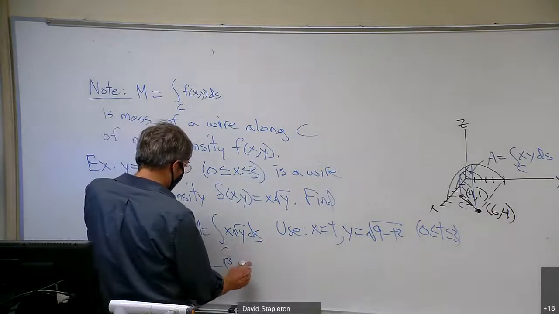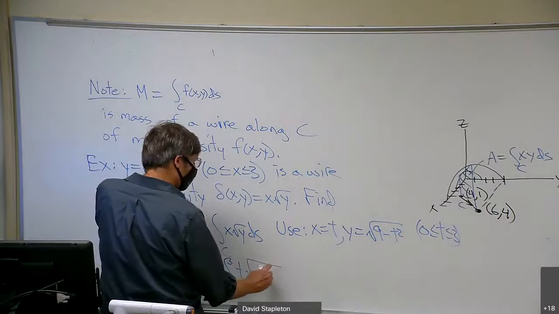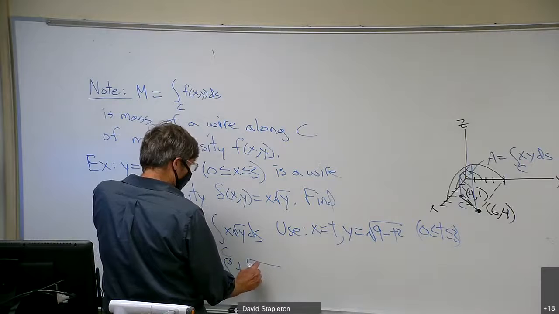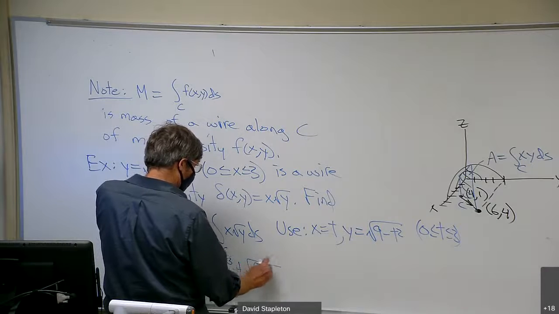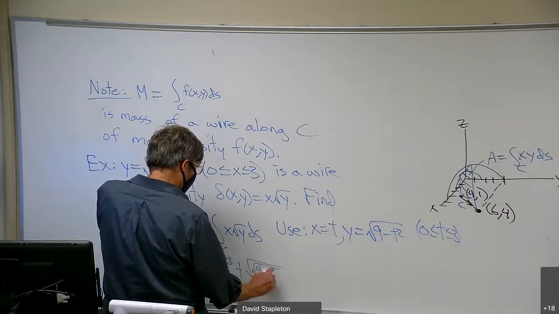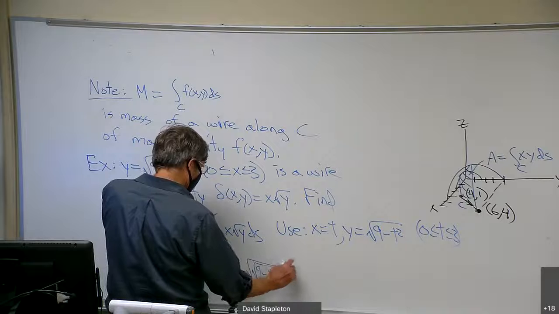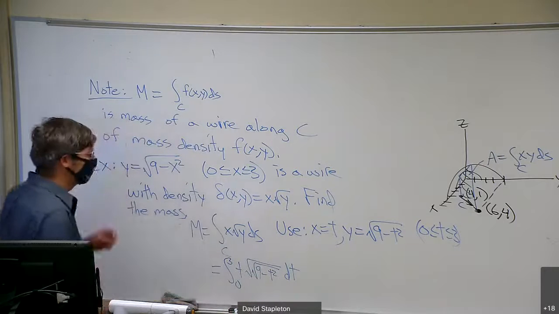So square root of y is the square root of 9 minus t squared, dt square root y.